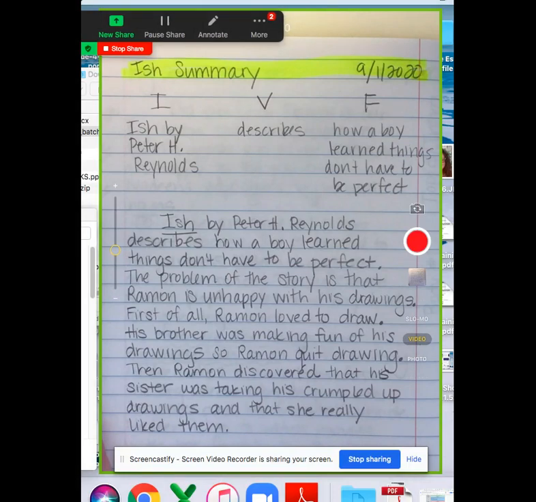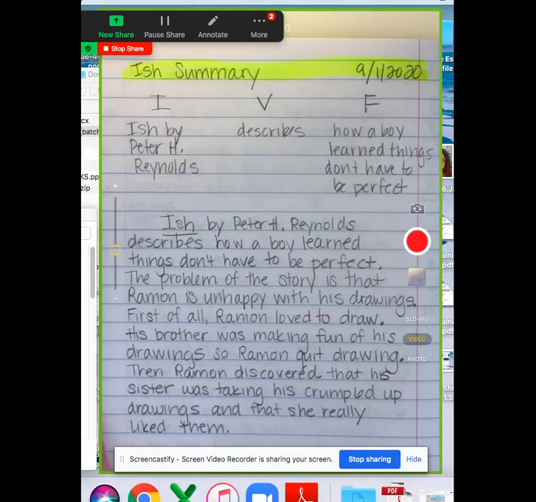Okay. So let's wrap up our paragraph by stating our solution. You can give us a good sentence that describes the solution of the story. Kate?